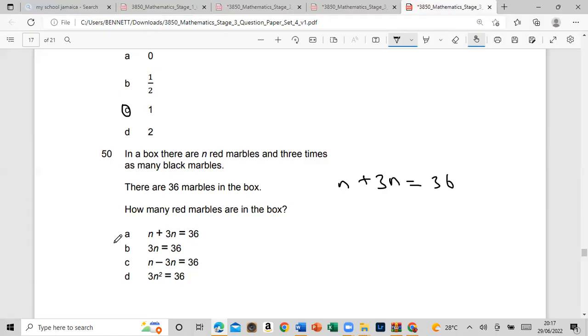There are 36 in the box, so the total will be 36. That's definitely A.